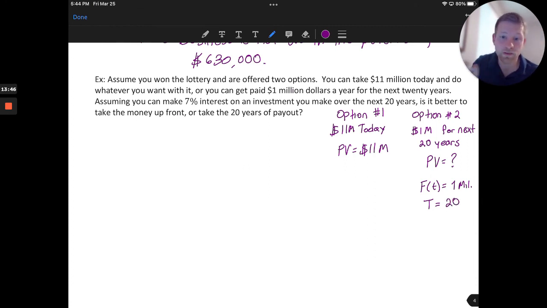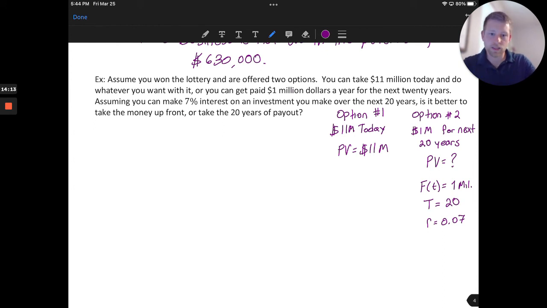And we know, again, that we're going to get 7% interest on our money. So we can say that R is 0.07. So we can take that 7% interest for the next 20 years. And again, I think that would be pretty reasonable if we invested in mutual funds or stocks in the long haul.